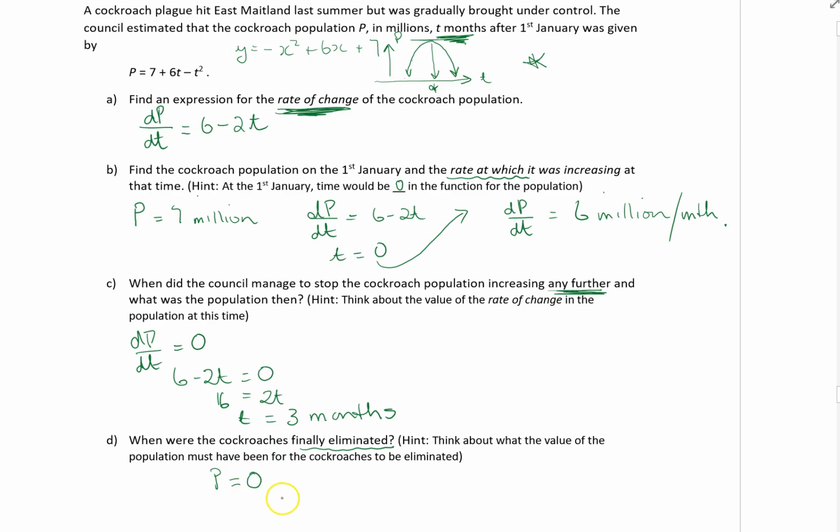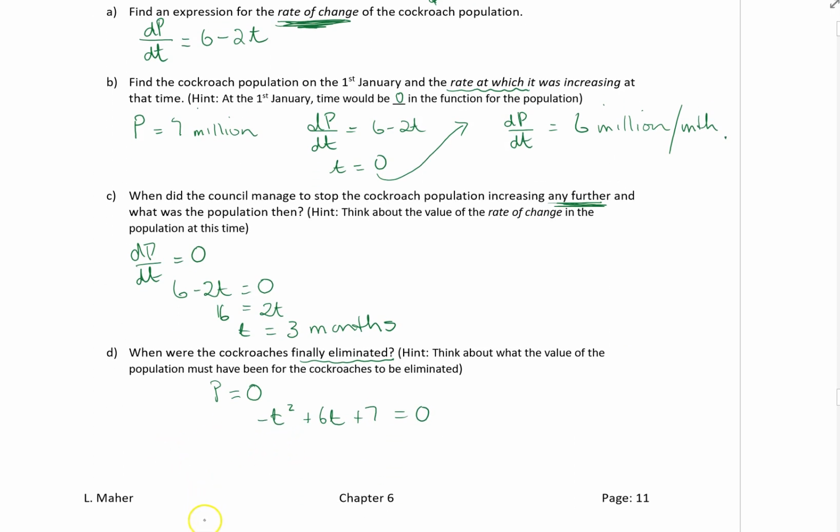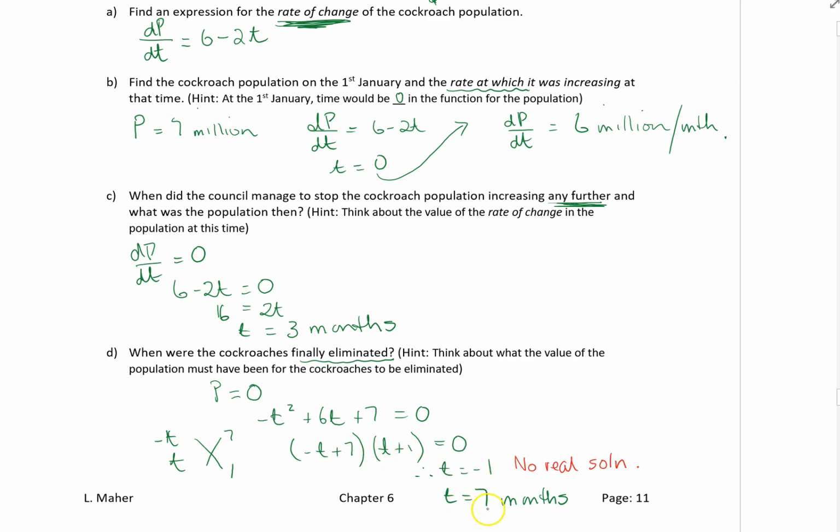It is minus t squared plus 6t plus 7 is equal to naught. Putting our quadratic equal to naught, I've factorised the quadratic. That then gives a solution of t is equal to minus 1. Well, minus 1, that's no real solution. We never talk about a negative time. And the other solution is that t is equal to 7, so it's after 7 months.